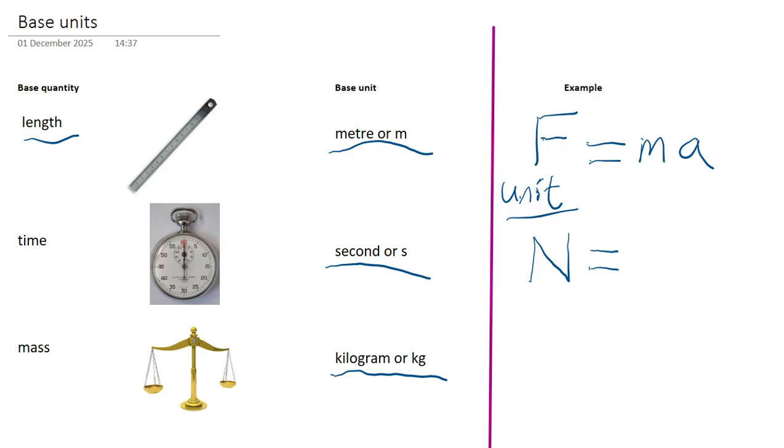Well, mass is a base quantity, and we've said that it has the base unit kilogram, kg. And acceleration, known generally in physics to have the units meters per second squared, written like this, m s to the -2.